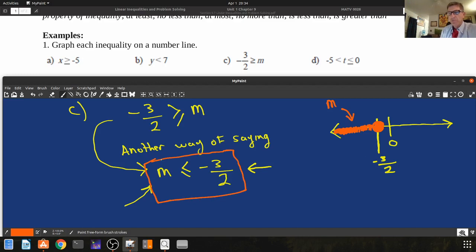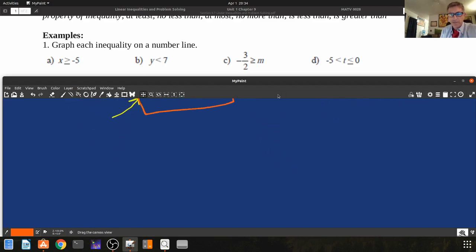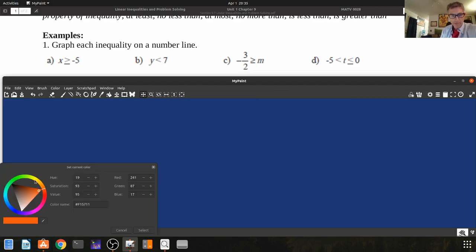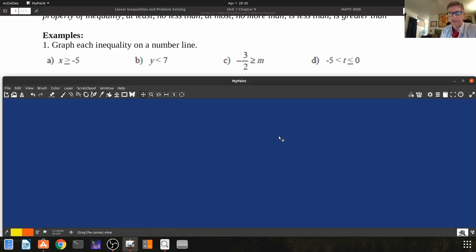So those are three really good examples on how to graph inequalities. And you'll be using inequalities and graphing inequalities all the way through. They have a lot of uses in mathematics.